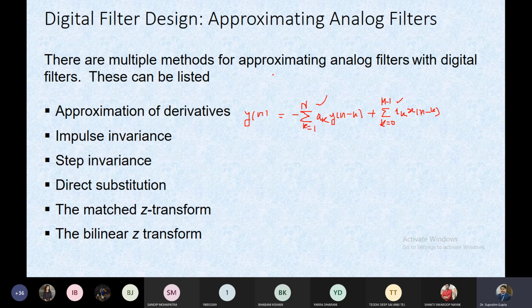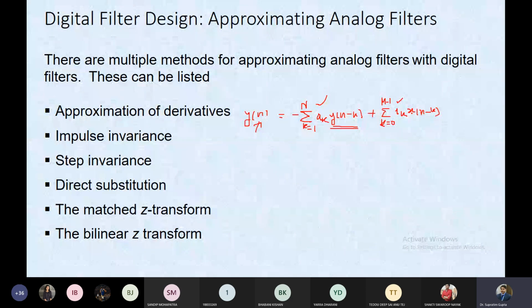Now for the FIR filter we had used that approach. For an IIR filter, since the past values of y[n minus k] are included, at a particular time instance we have all the past input values and the past output values. So in effect we are not truncating the impulse response.